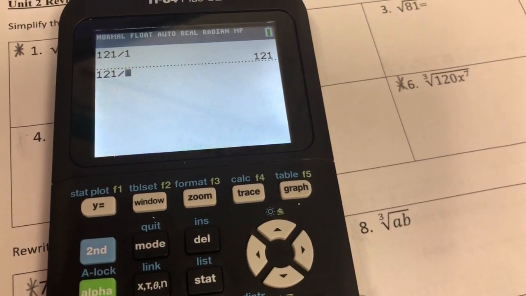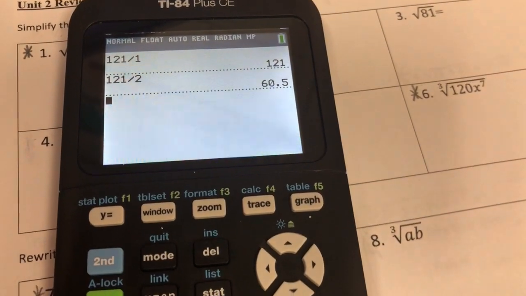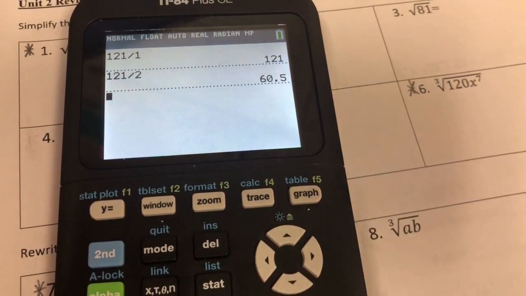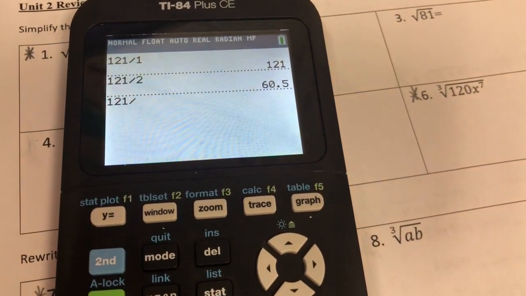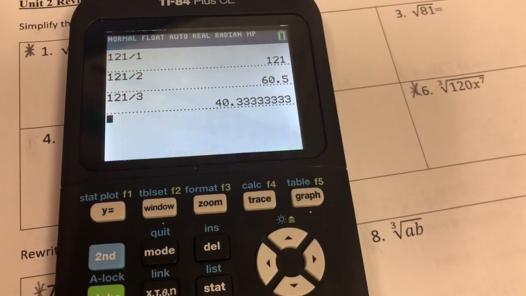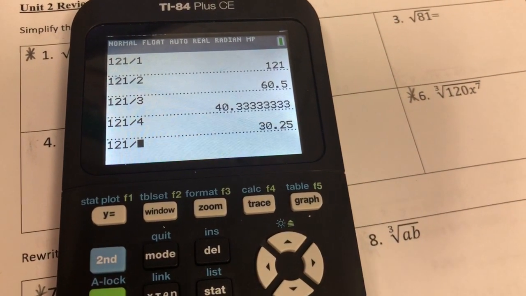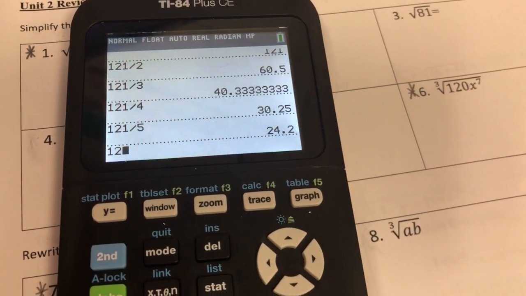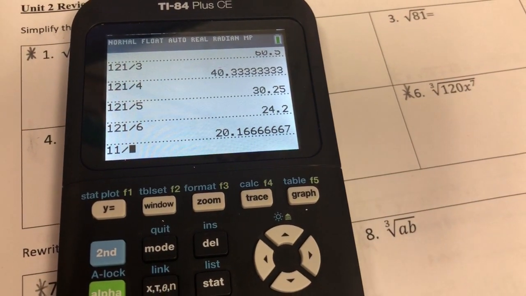121 divided by 2. Well, that gives me a decimal. That means 2 does not go into 121 evenly. So I'm going to keep going. Still gives me a decimal, so I'm going to keep going until I get a whole number. Still no. 7.